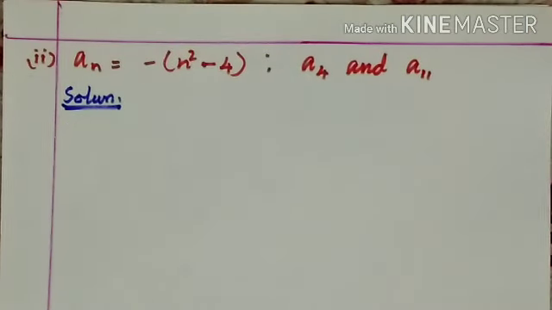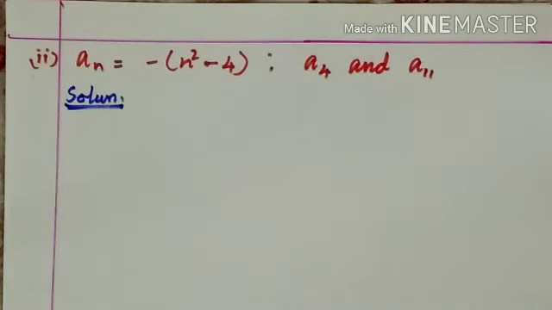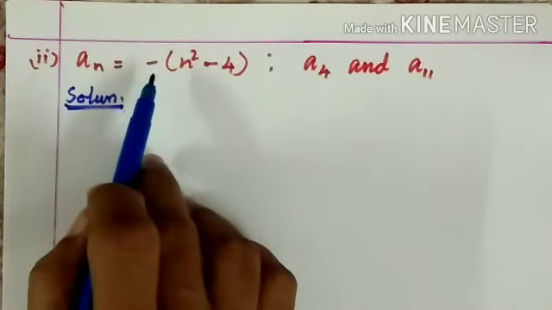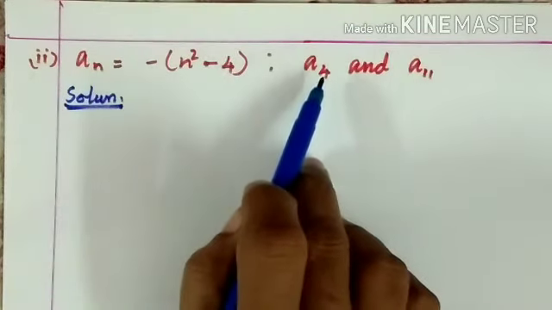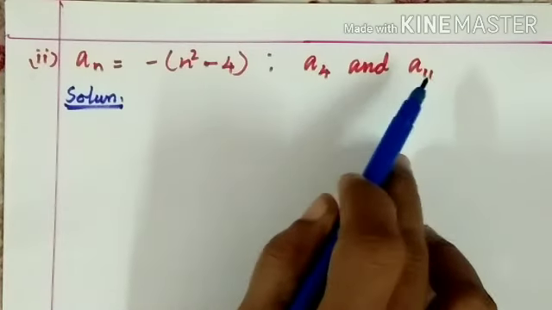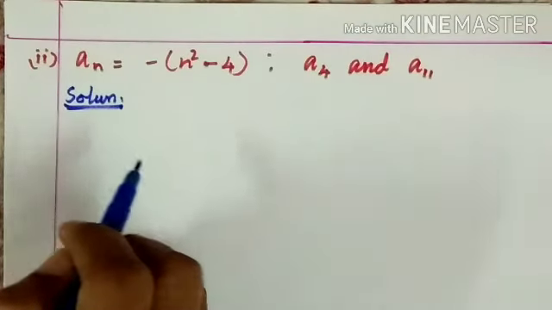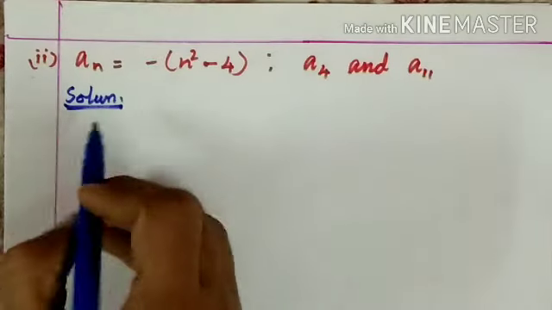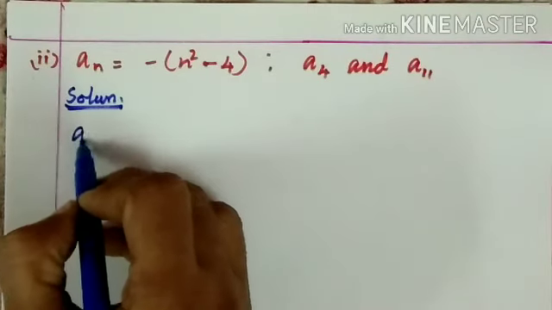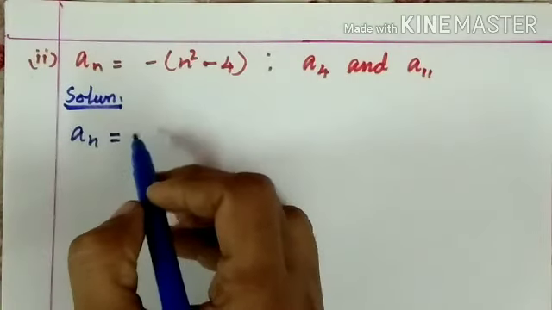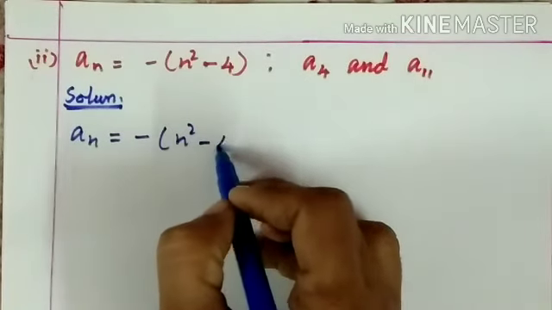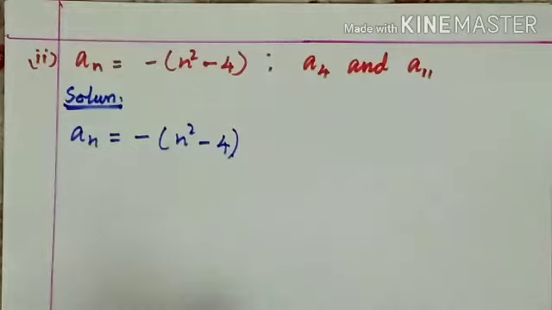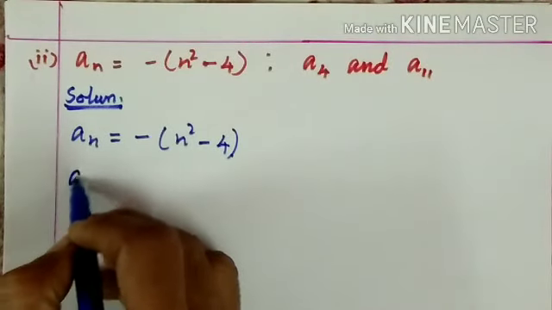Now, we move on to the second subdivision. General term An is equal to minus of n squared minus 4. Indicated terms are A4 and A11. Let us do the solution. First you take down and write the given, that is An is equal to minus of n squared minus 4. Now you have to find the value of A4.